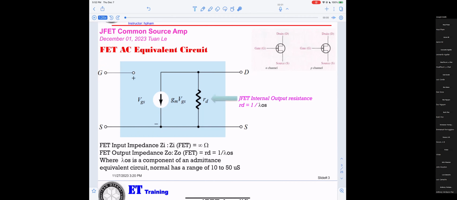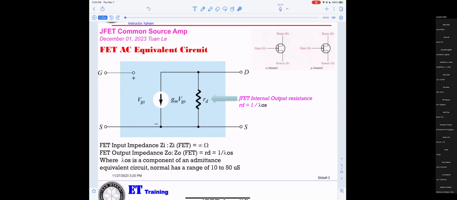From the gate to the source, you get the VGS positive, negative, and from the drain into the source, you get the current. That value will be gm times VGS. RD here is the internal resistance of the JFET. We don't need that, okay?